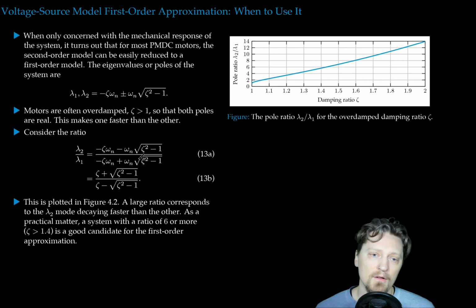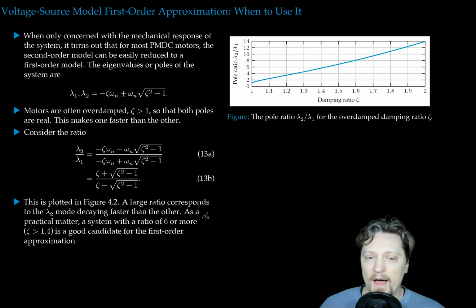Consider the ratio given here. We see that lambda 2 over lambda 1 only depends on zeta, sort of a complex relationship, but we can plot it in figure 4.2, and we see that figure up here in the upper right of the slide. A large ratio corresponds to the lambda 2 mode decaying faster than the lambda 1 mode.